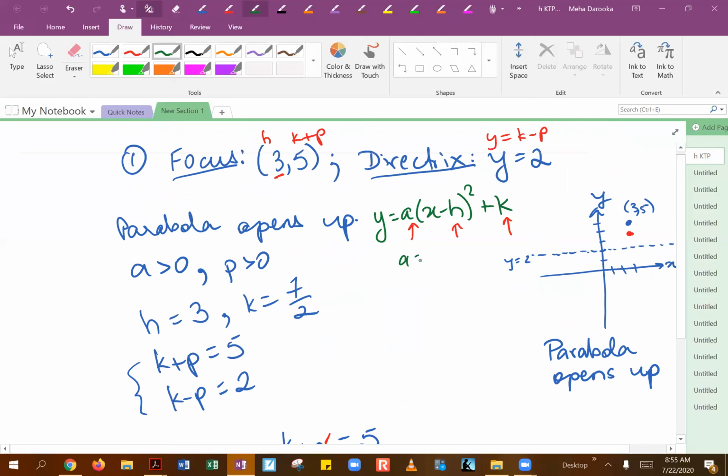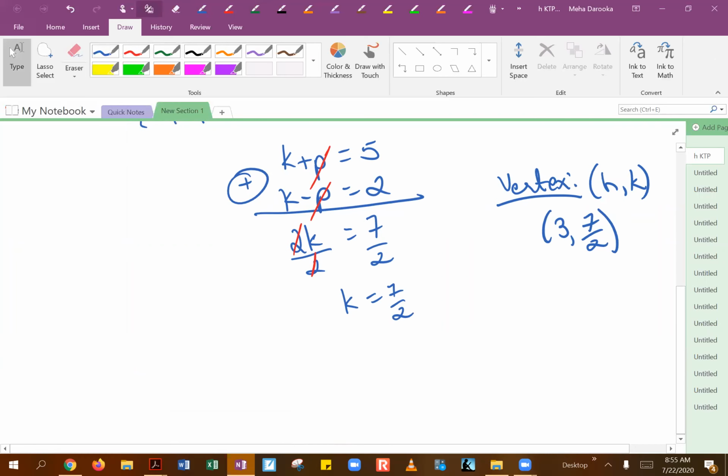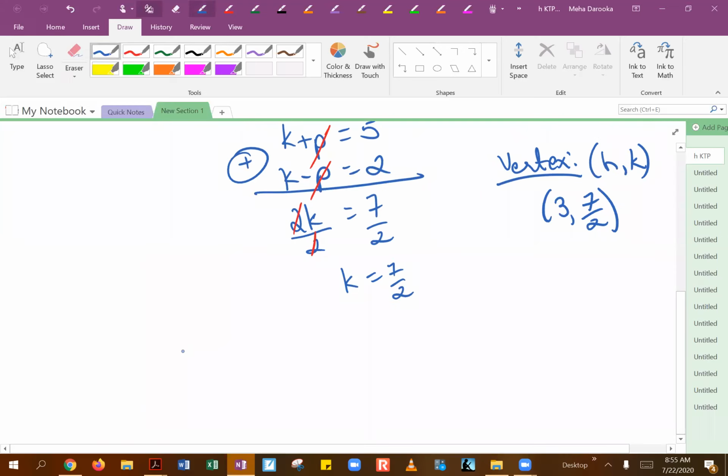So a equals 1 divided by 4p. Obviously at this point, we don't know what the p value is. But coming back to the system of equations we just solved, if you know the k value, you can go to either one of those two equations and find the p value. So we can take the first equation, k plus p equals 5.